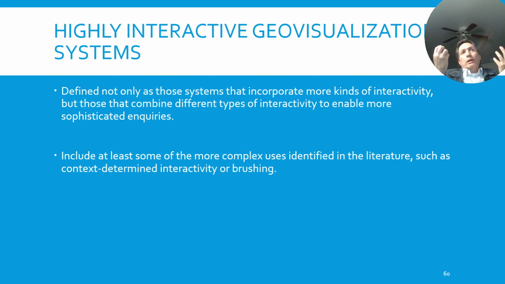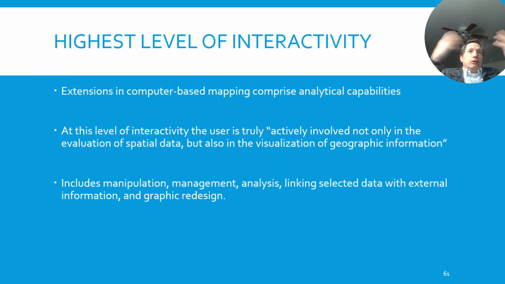Usually high interactivity geovisualization systems are going to include at least some of the more complex uses that we have identified, such as context determining interactivity, brushing, and filtering, okay?